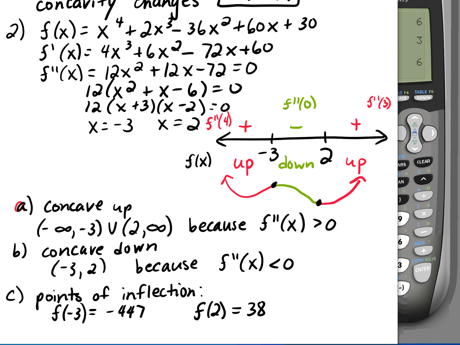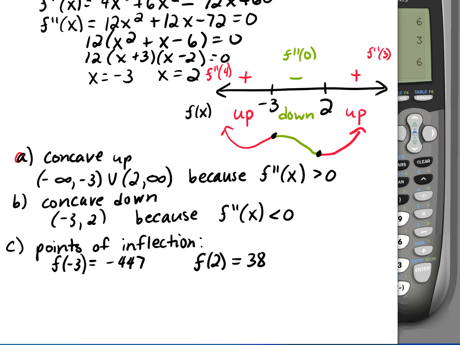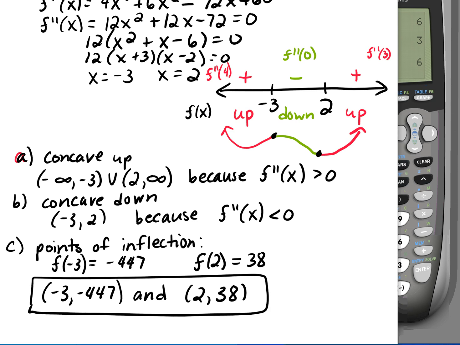Again, if you store the answers in x, you would only have to type this really long function in once, and then you can go back and grab it to get your answers. So the points of inflection would be negative 3, negative 447, and 2, 38. And again, the reason is there's a change in concavity.